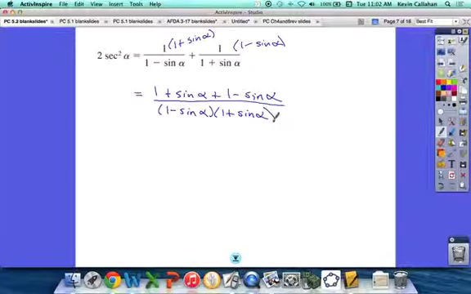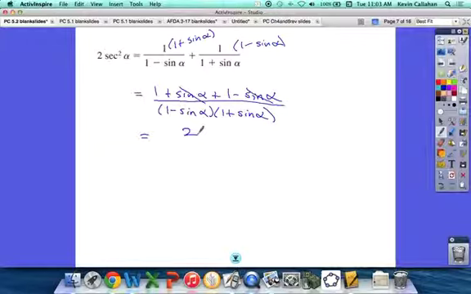Right? That's just making a common denominator. Okay? Now we got some canceling in the numerator. These two cancel. So the numerator looks like 2, which is good because look, on the left-hand side, there's a 2. So, okay, we got the 2.